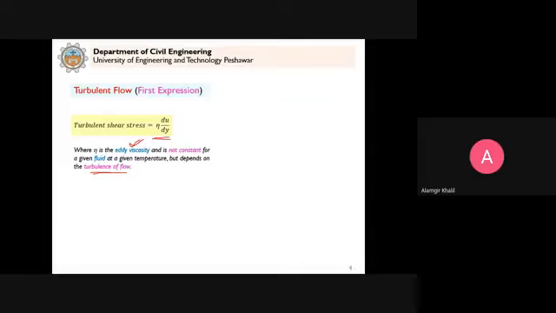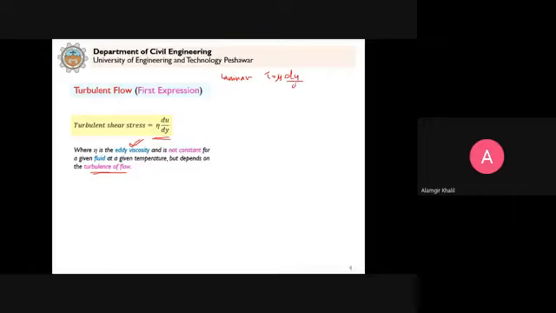So just like we have mu that is written for laminar shear stress, when the flow is laminar, we studied that tau is equal to mu into du by dy.